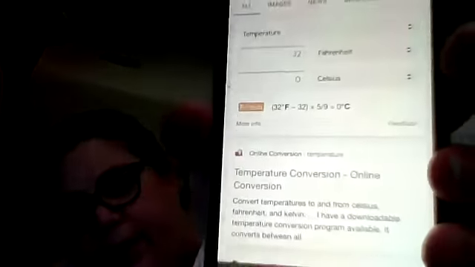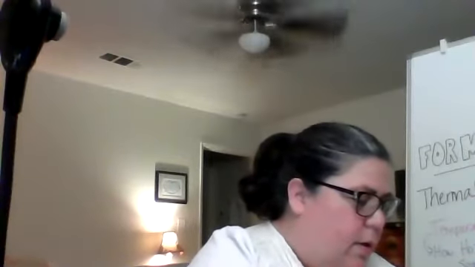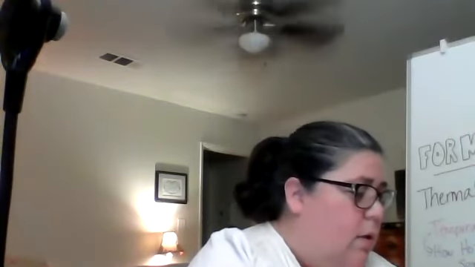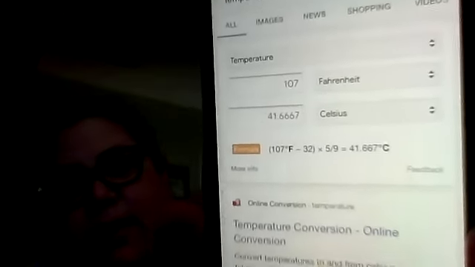So now if we wanted to say today was 107 degrees, we're going to put that in here: 107 degrees Fahrenheit. And it's going to tell you that in Celsius, that's 41.6667 degrees Celsius. Okay, so you can see how it converts like that.